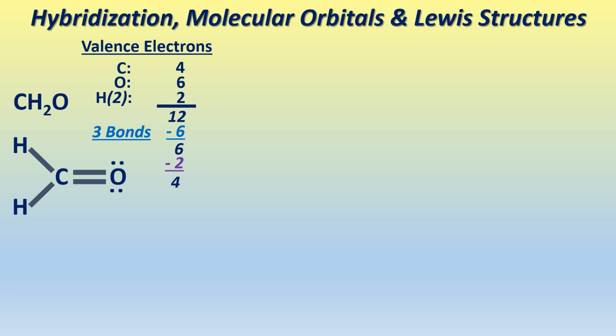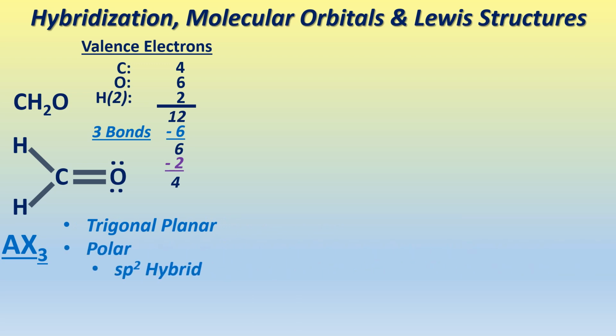This is the correct Lewis structure. What can it tell us? First of all, it tells us that this has a form of AX3, which means the molecule is trigonal planar. Also, as it is not symmetric, the oxygen is not equal to the hydrogens, it is going to be polar. Since it is AX3, I need 3 orbitals, so now I will take an S, but I only need 2 more P's to add up to 3, so it's an sp2 hybrid.